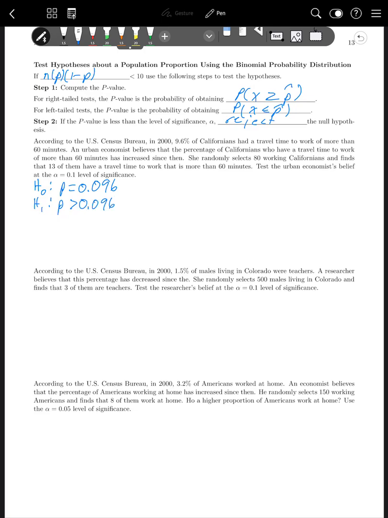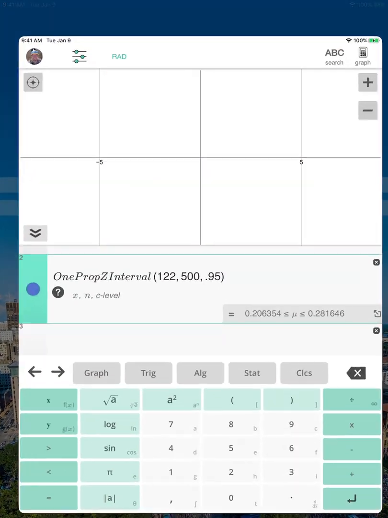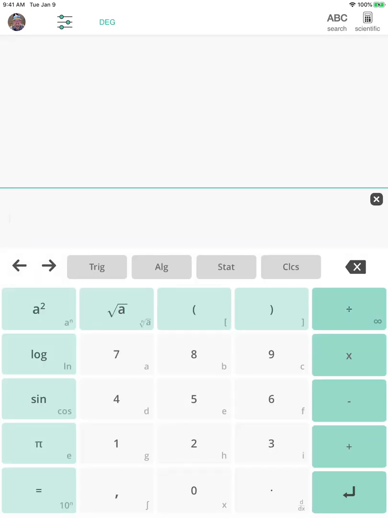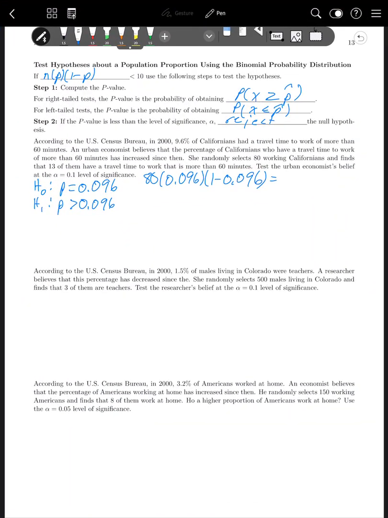However, when we take n, which is 80, times 0.096 times 1 minus 0.096, we get 3.072, which is not greater than or equal to 10.